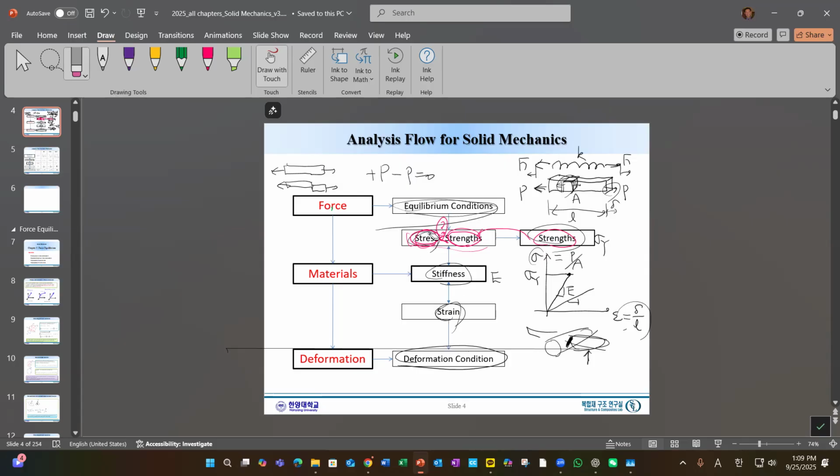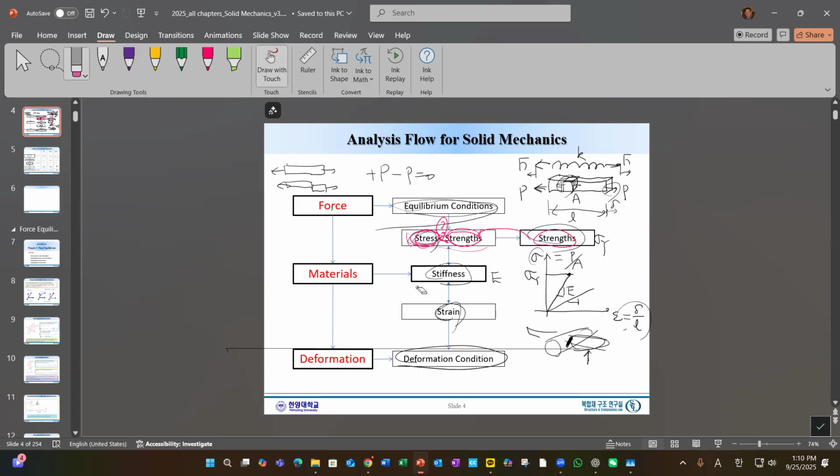When we design structures under this kind of load, stress will develop inside, and the stress has to be less than the strength. And inside the material we also have properties like Young's modulus and Poisson's ratio.